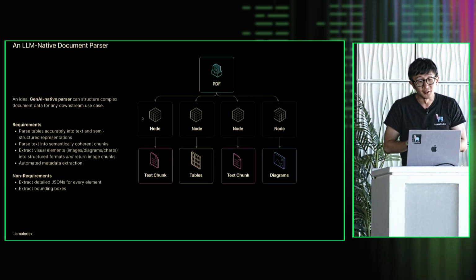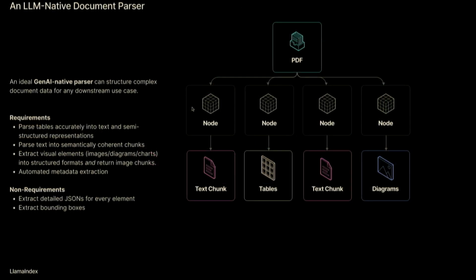An LLM native document parser ideally has the following properties. One, it can actually parse tables into some format that LLMs can understand. Two, it can ideally parse text into semantically coherent chunks. So if you have like a multi-column format, it actually follows the reading order instead of just going straight horizontally and interjecting a bunch of text from disparate places into the same line.